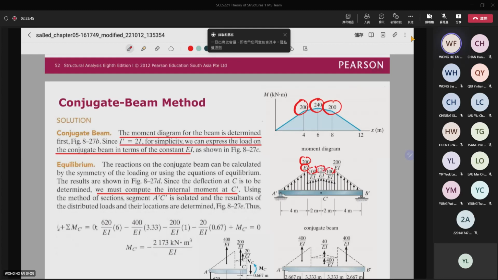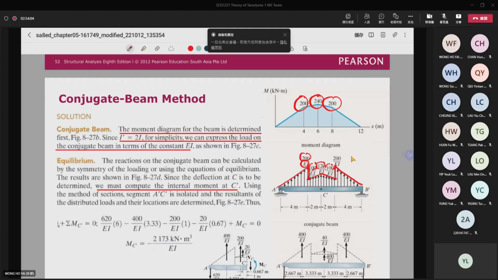So you can see suddenly the stress here goes down like that, because at the center, actually the EI is double. It's larger. So actually you can see your stress, or the distributed load, like that.